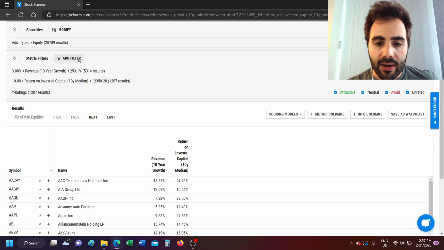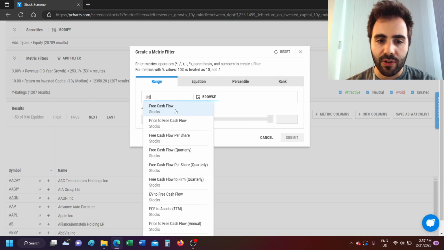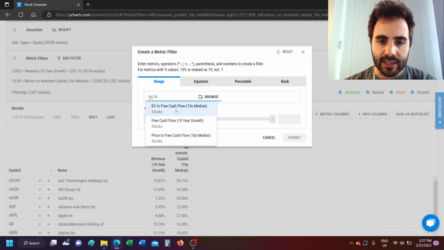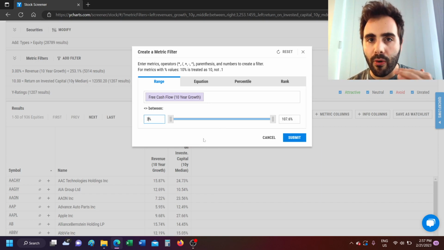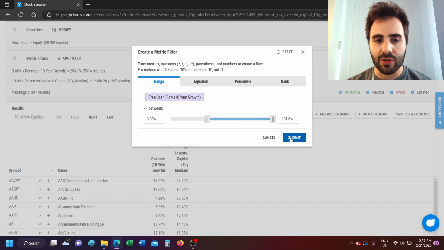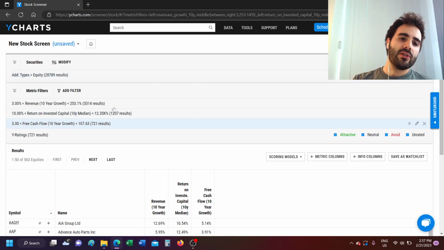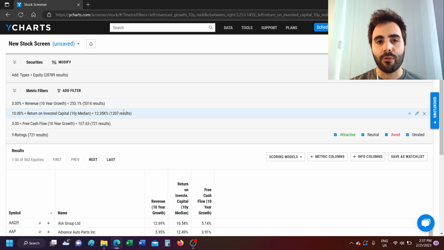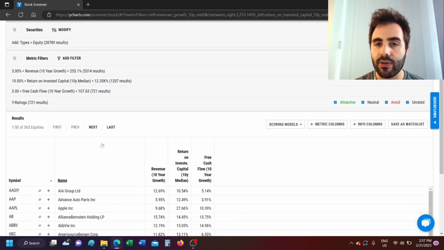We can add basically one more thing if we'd like. We can look at the company's ability to grow its cash flows over the last, let's say, 10 years as well. And same thing, we're looking for them to have growing cash flows over the last 10 years. So let's apply a 3% rate. And right there, now we are down, with just these three screeners, from a universe of 29,000 stocks all the way down to 563.